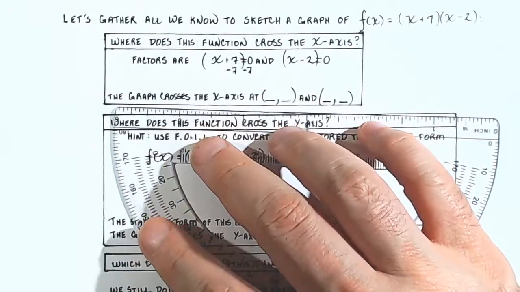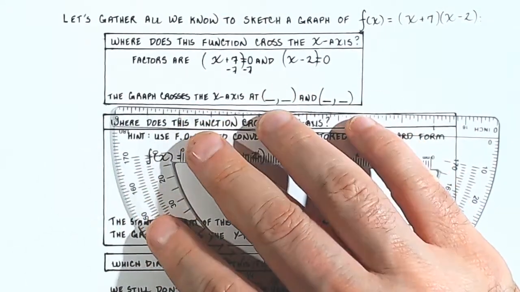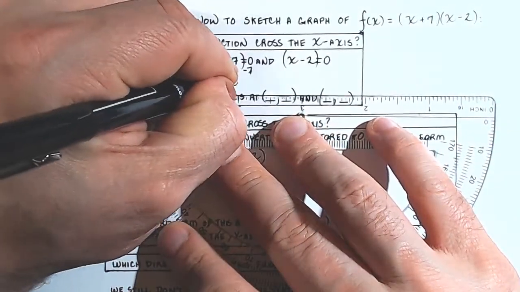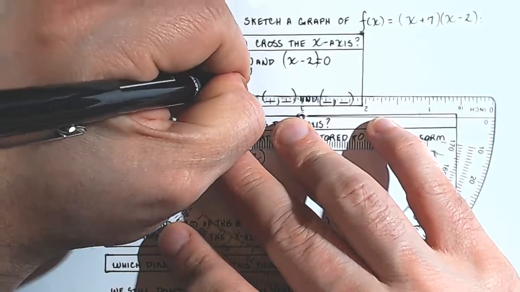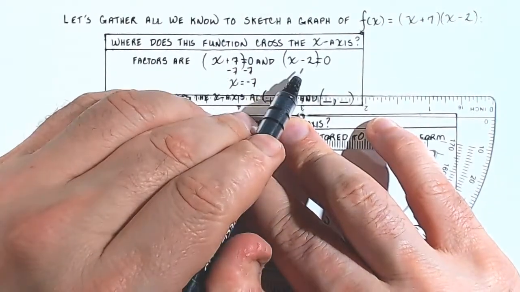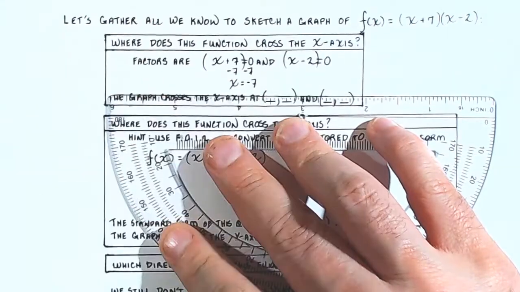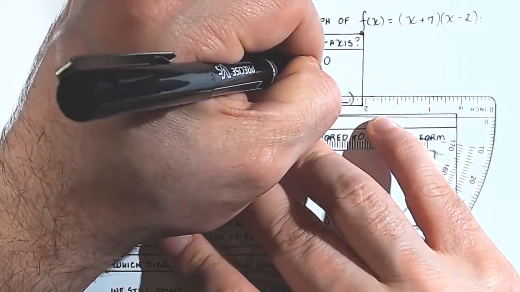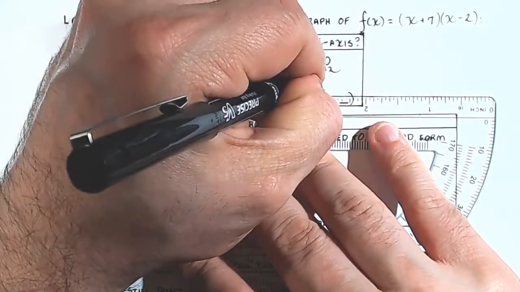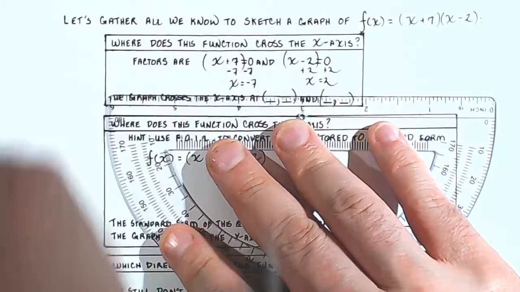This is not a movie. This is a guide. You need to be doing this on your paper. Now that would give me x equals negative 7. Over here, I have x minus 2 equals 0, so I would add 2 to both sides. And now I have x equals 2.